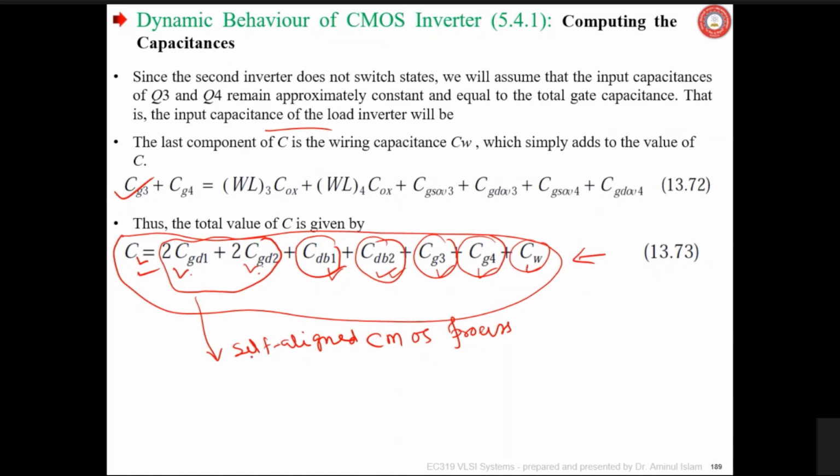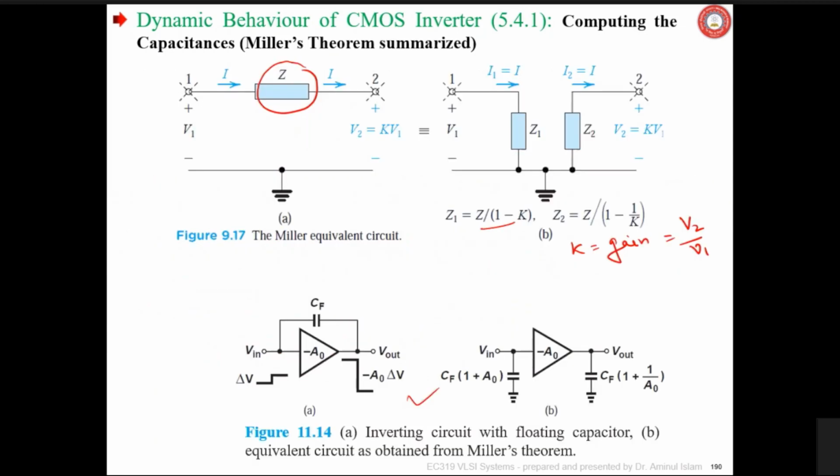This is, of course, if you consider the self-aligned process, where we are not considering overlap. So this is the load capacitance.